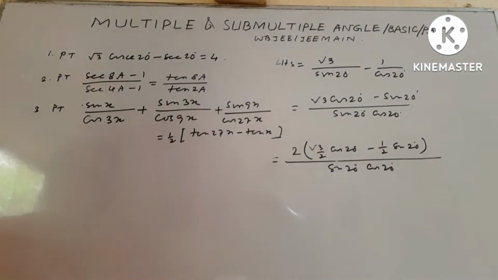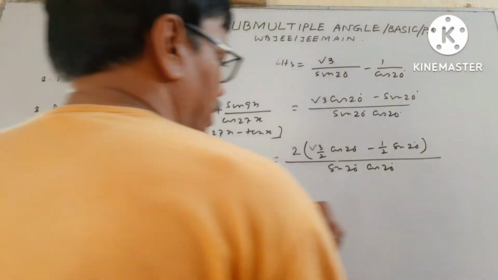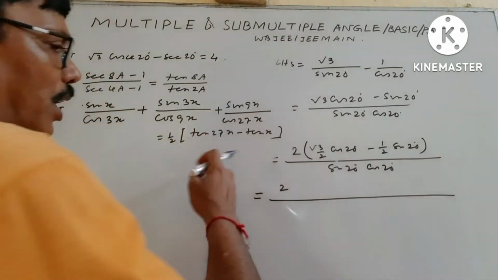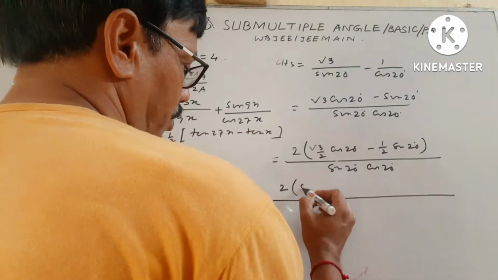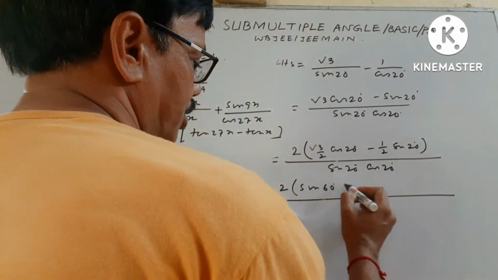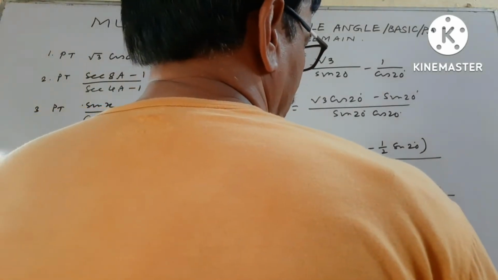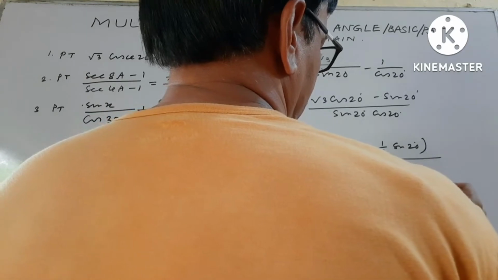Now it is very simple. We want to express it in terms of sin A plus B or cos A plus B. This is sin 60 cos 20 minus cos 60 sin 20.